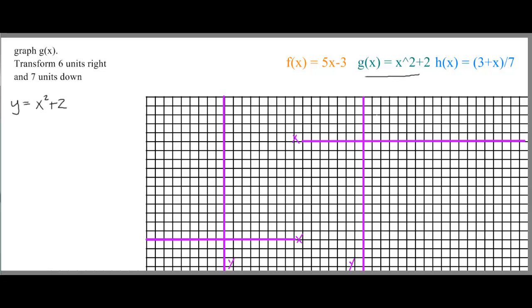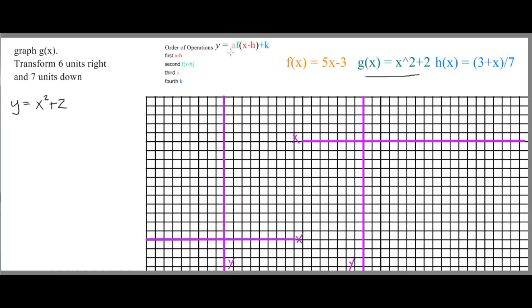Let me get my order of operations showing here, since that's going to be relevant to this particular problem. We remember the order of operations, and I have that listed right up here: y equals a times f of x minus h, and then plus k.